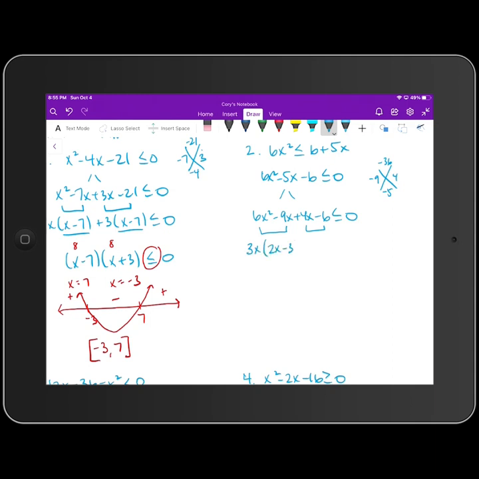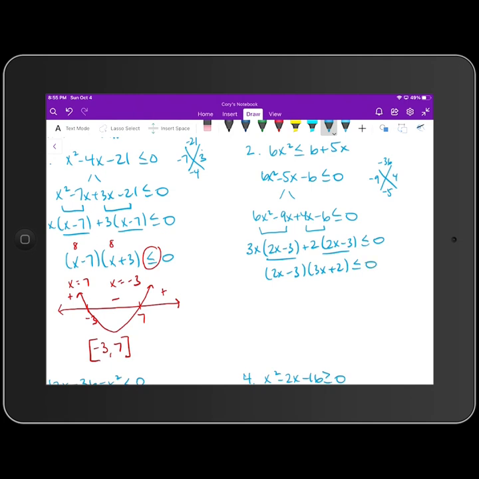And when I factor that out, that leaves me with 2x minus 3. When I look at the next two terms, 4x and negative 6, the greatest common factor is positive 2. When I factor that out, that leaves me with 2x minus 3. So 2x minus 3 is the common factor. When I factor that out, that leaves me with 3x plus 2.